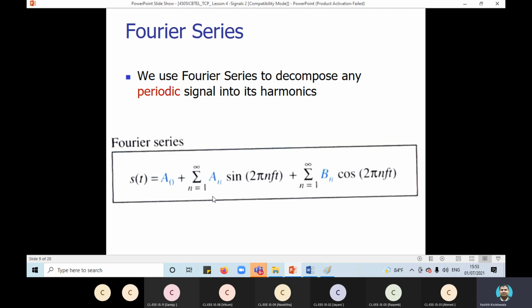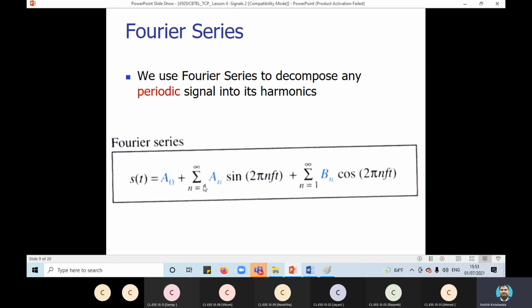The second part of it, if you have another sine component, next day we'll discuss it in detail. If you have another sine component, that will be n equal to 2. So a2 sine 2 pi times 2 times ft.